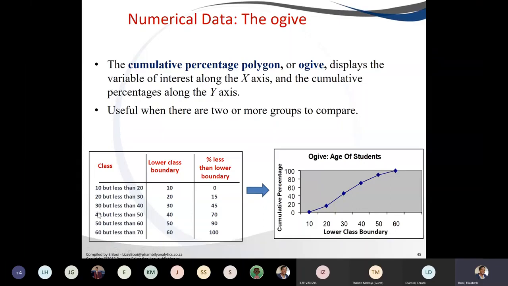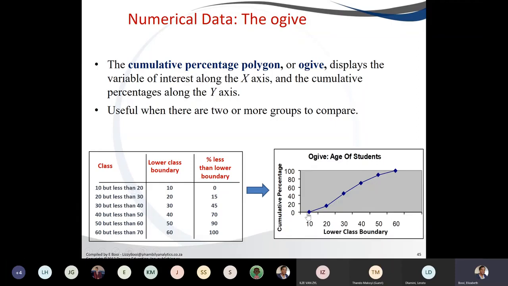So we take all the values of your lower boundaries, we create them as our indicator on our horizontal variable. And then we calculate the cumulative frequency percentages based on the lowest boundaries. So you will see that it will start at the lowest boundary as 10. There won't be anything at 10 because there was nothing relating to 10, but there was something between 10 and 20.